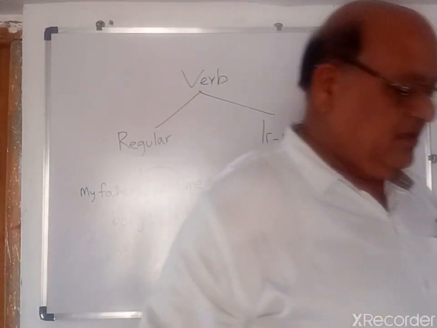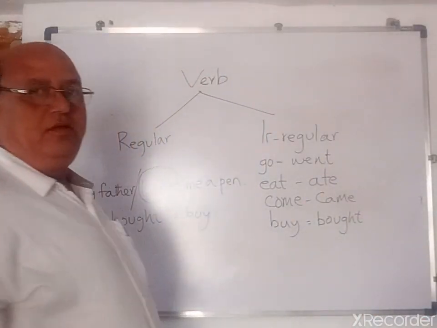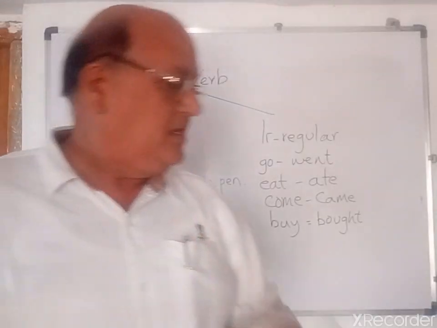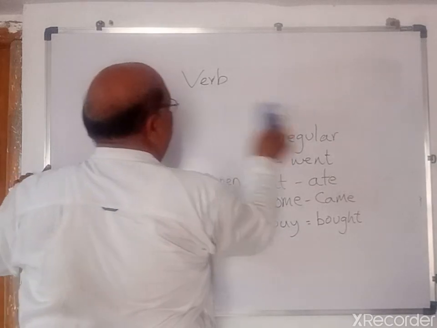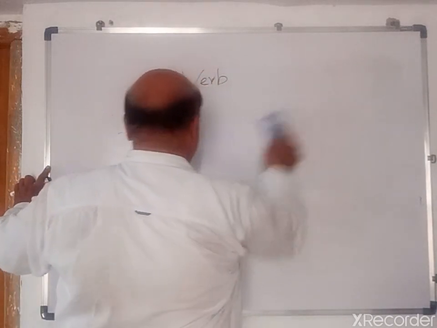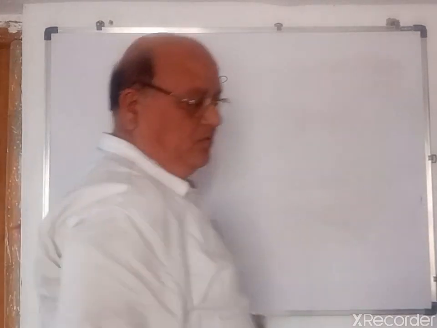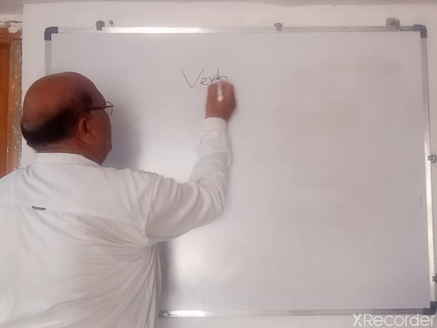And when we have a clear diagram about the verb, sometimes the verb may be one word, sometimes the verb may be more than one word. See, one word: the verb is one word.